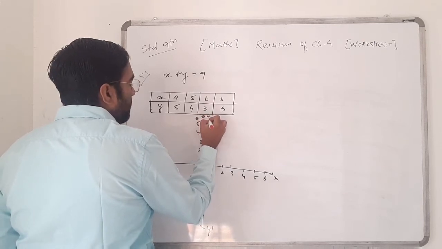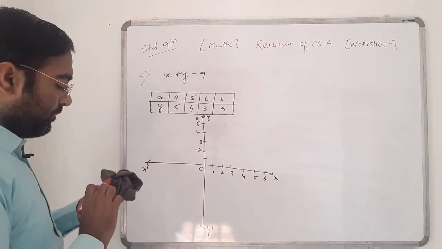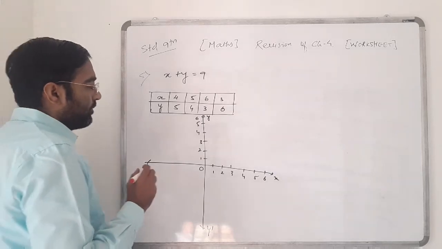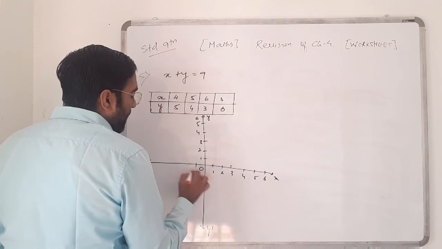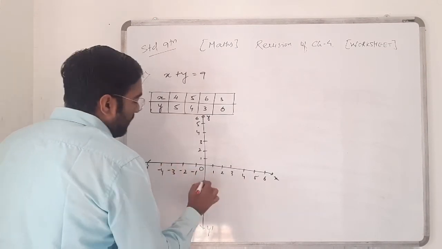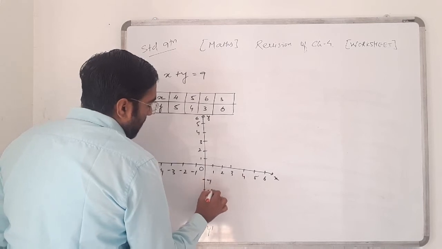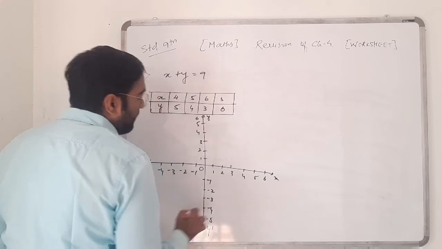Then -1, -2, -3, -4, and -1, -2, -3, -4, -5.